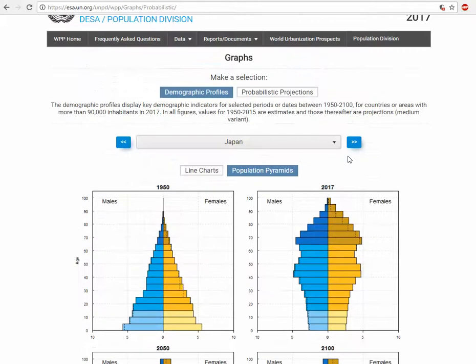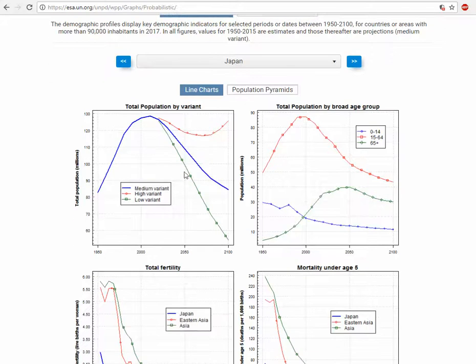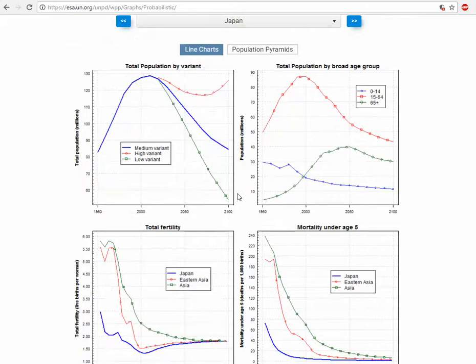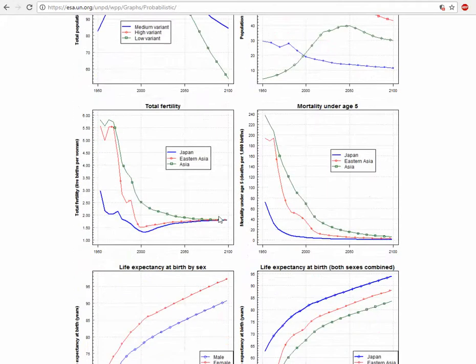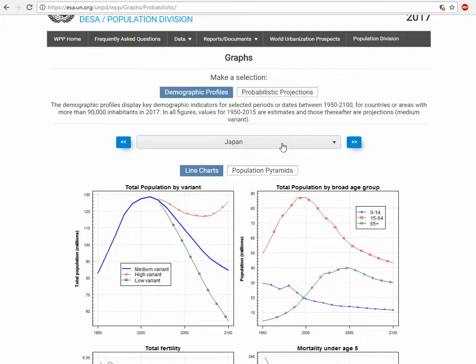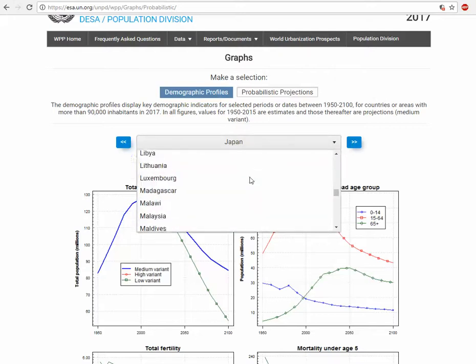And so again, in terms of economy, it's probably not going to be so good for Japan. If you look at the total population by variant, we're seeing declines expected for the population, for total fertility dropping below the 2.1. And I know I said this last one, but let's also just look at United States.